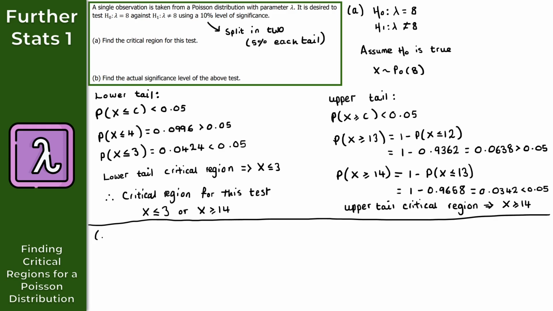Now for part B, this is actually pretty straightforward. So for the actual significance level of the above test then, this would simply be equal to the probability that x is less than or equal to 3, plus the probability then that x is greater than or equal to 14.